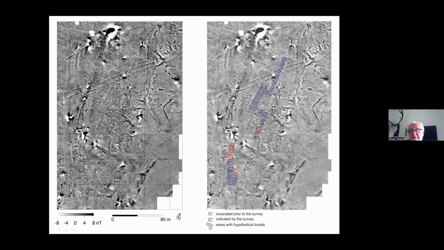And interpretation of the survey of 2023. So these are structures excavated prior, or in case of the three, immediately after the survey. And these are my proposals of tombs after analysis of magnetic picture.